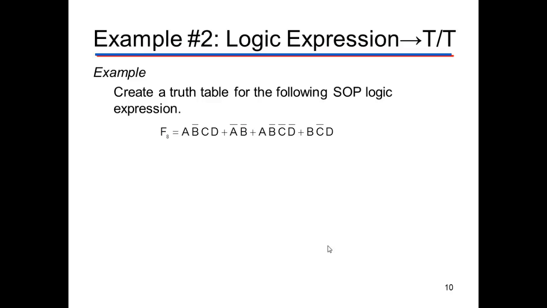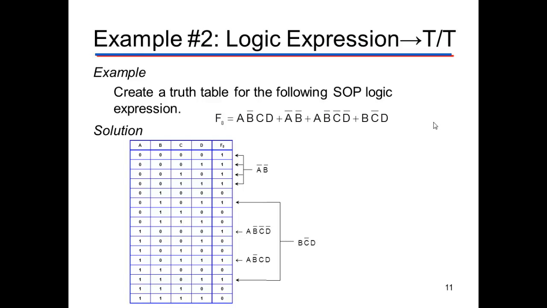So now you can pause this and try to make the truth table from this logic expression. You know you're going to have one for this one, and one for this one. But this term and this term are both going to generate more than one 1 in the truth table.